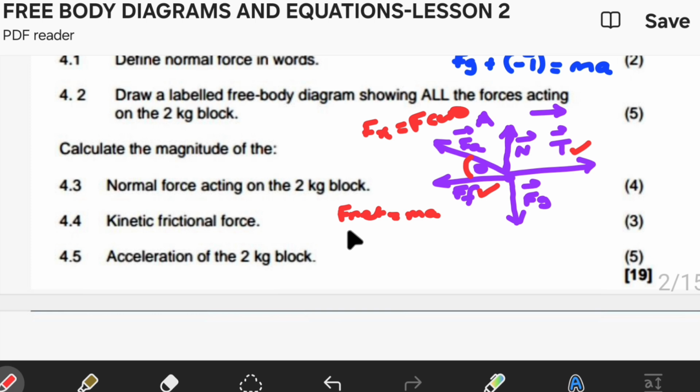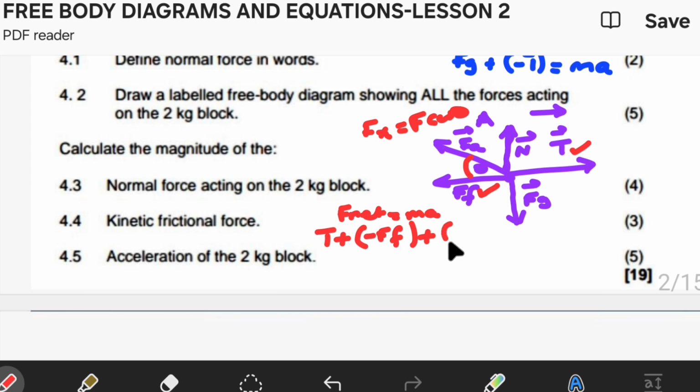So let's formulate the equation here. This is tension plus, but you can see that our frictional force is going in the opposite direction, so minus frictional force plus F at x, which is acting parallel to the plane.